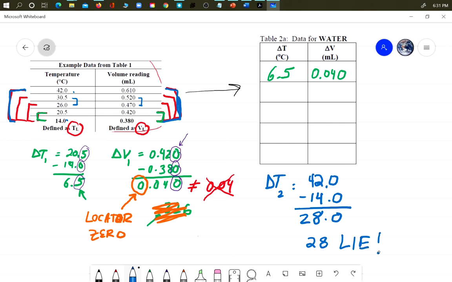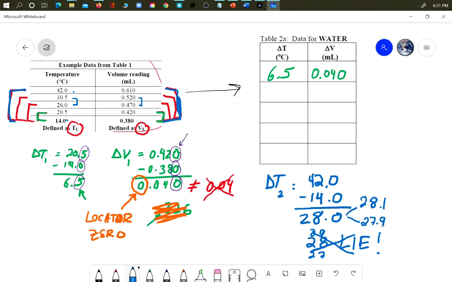You're lying to the reader and saying this could be 27, it could be as much as 29. You're saying you've got a lot of variation, there's a lot of uncertainty. Don't lie. When you write a number like 28.0, you say, well, it could be as high as 28.1 down to 27.9.